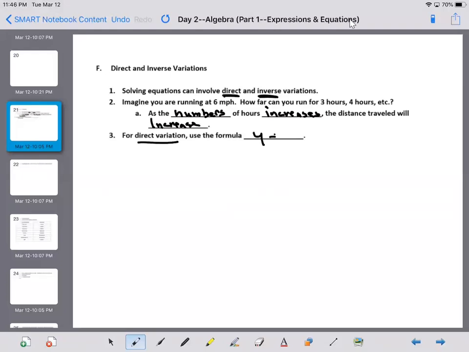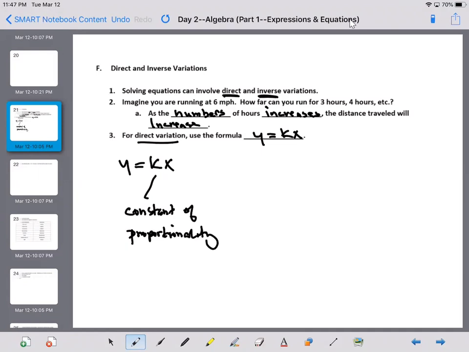So you've got y is equal to kx, and k is what we call a constant of proportionality. It's a constant of proportionality. And then we also have y equals k divided by x, which is what we would say is our indirect variation.